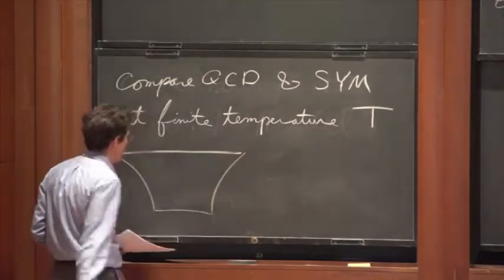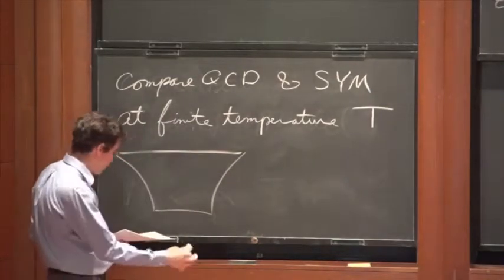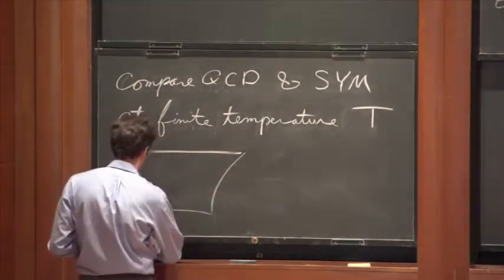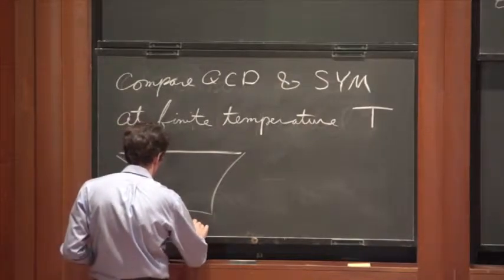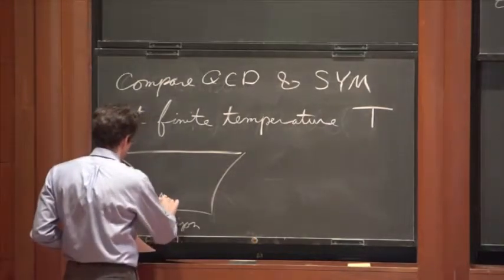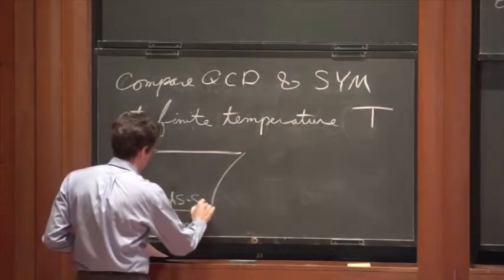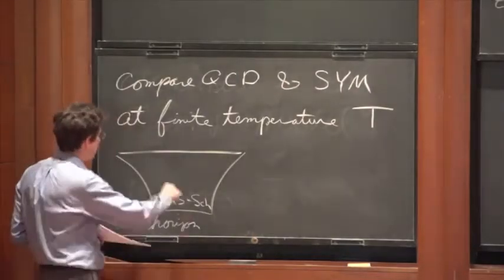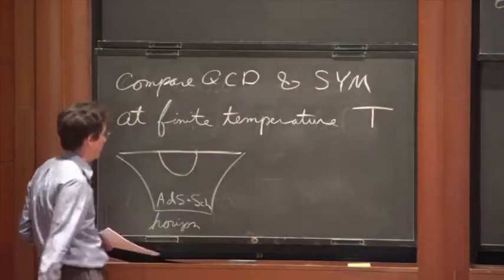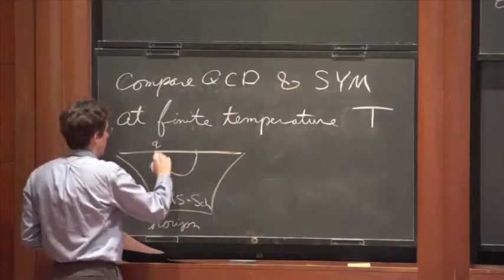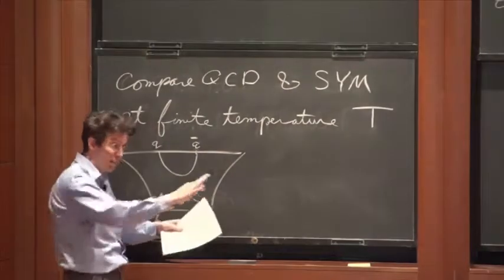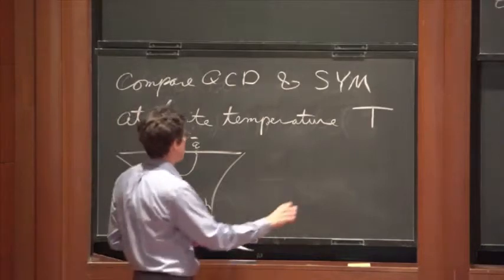First of all, at finite temperature, you've got to have a black hole in AdS. So instead of just ordinary AdS, you have AdS Schwarzschild. However, you still have the same picture for the Wilson loops of a string that dangles from a Q and a Q bar down into the bulk, except exactly what you noted is going to come into play.